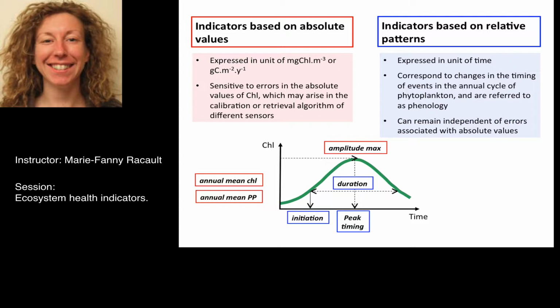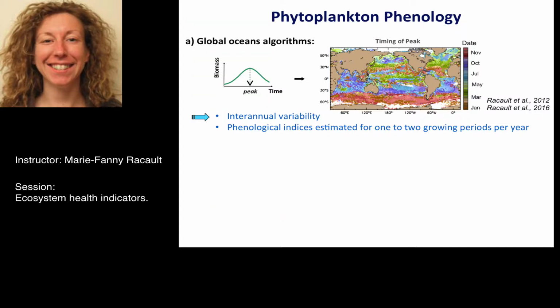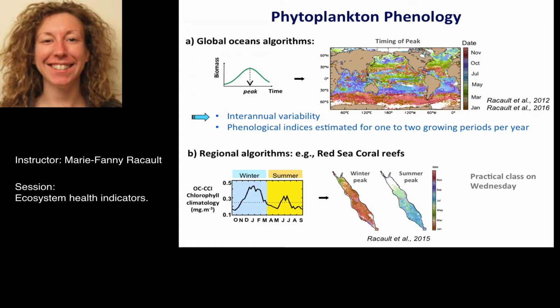And here on this map, we show you the timing of peak of phytoplankton chlorophyll for one bloom, the main bloom during the year. And so we see this at global scale. The color scale on this map is actually showing you a timing of an event.